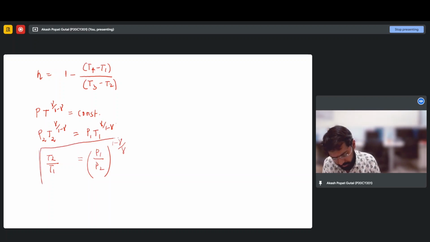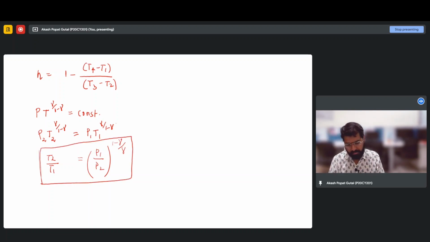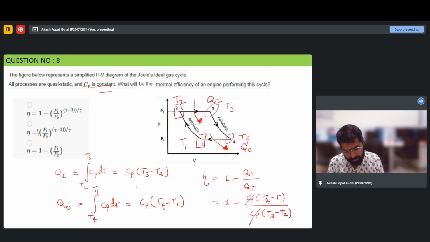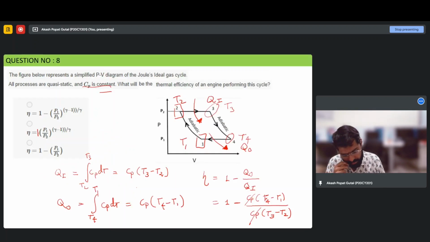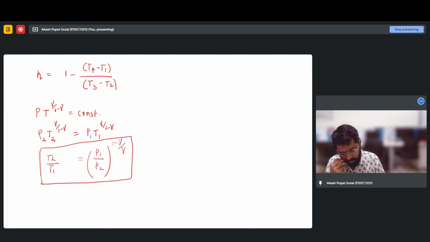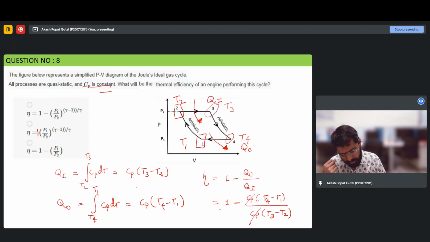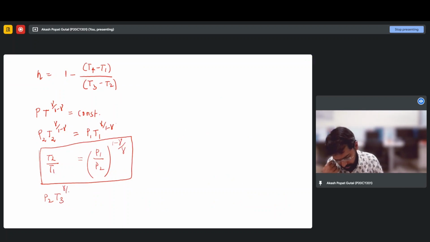So this will be the relation between T2 and T1. Similarly, we can get the same relation for T3 and T4: P2 T3 raised to gamma upon 1 minus gamma is equal to P1 T4 raised to gamma upon 1 minus gamma.